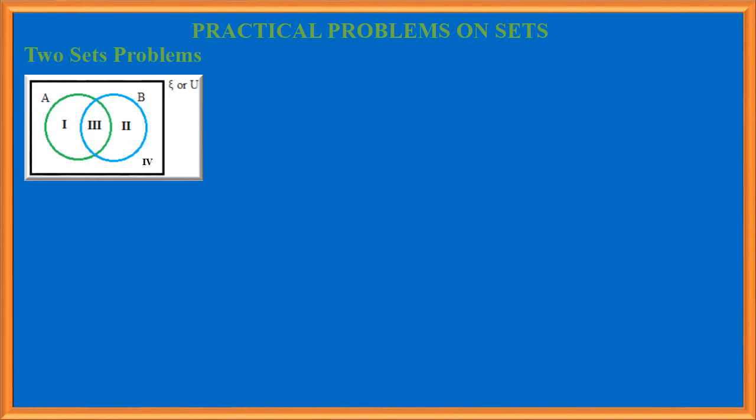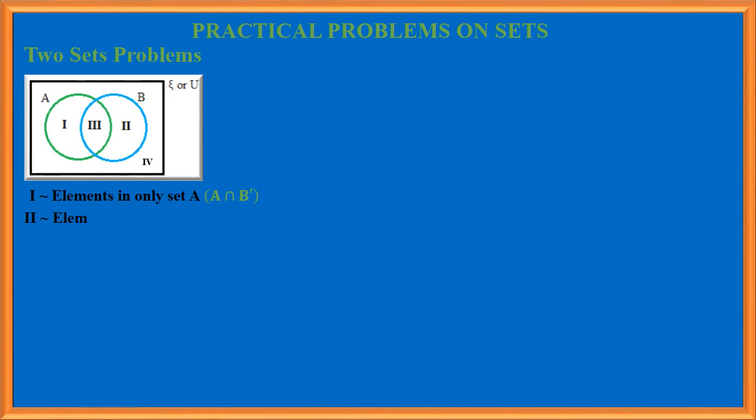So let's start by looking at what I represents. The I represents or contains elements which belong to only set A. Mathematically we represent that as A intersection B prime.